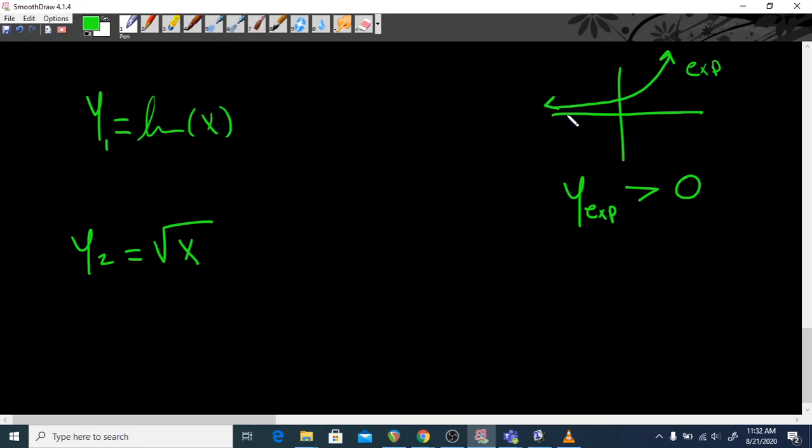This exponential curve will never touch 0. The y is bigger than 0, and x can be anything, from negative infinity to infinity.